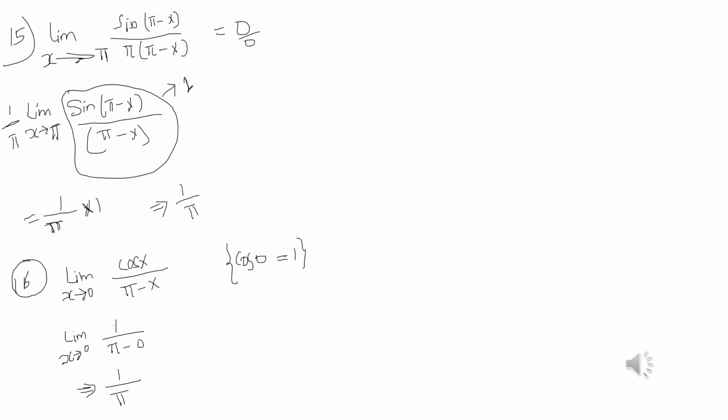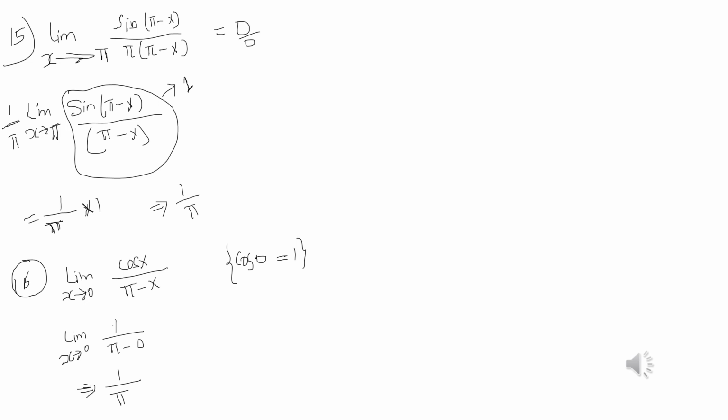Moving to the next question, question number 15 from exercise 13.1, which says: limit x approaches pi of sin(pi - x) divided by pi times (pi - x). Once you substitute pi directly, it gives a 0 by 0 indeterminate form.